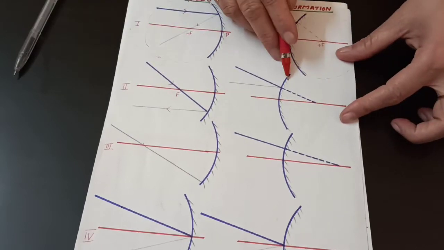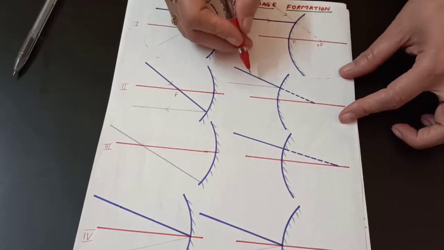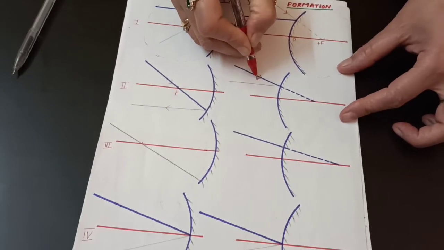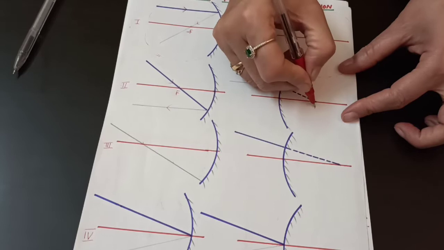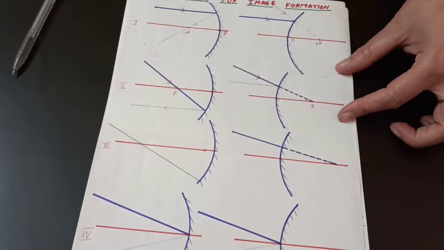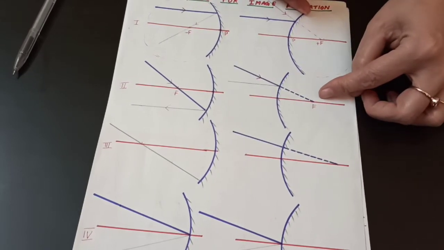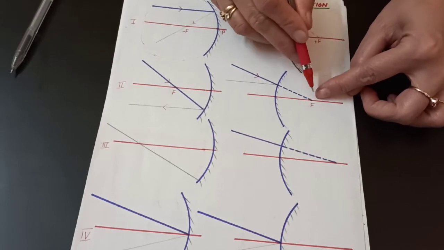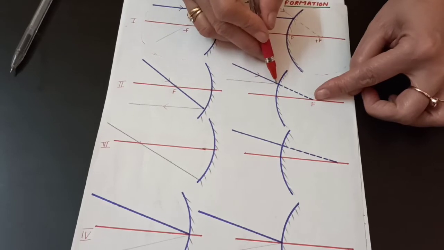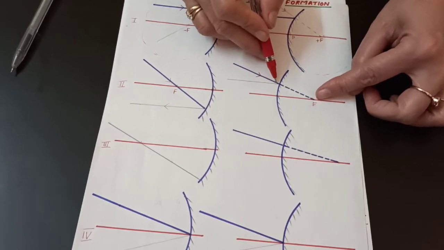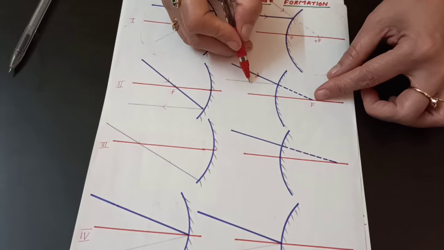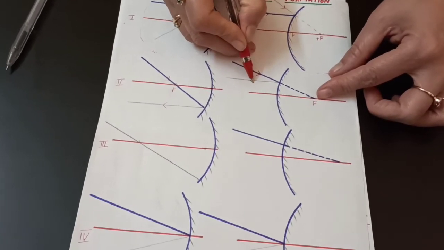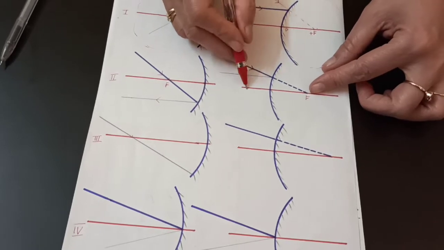The same case in a convex mirror. This is the incident ray that is in the direction of the focus, but of course on the other side. It will not bend towards the principal axis; it will reflect but become parallel to the principal axis.